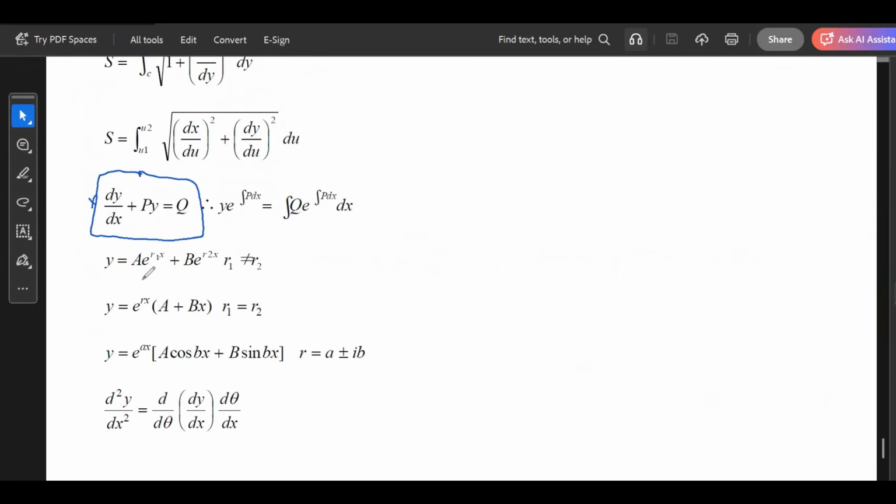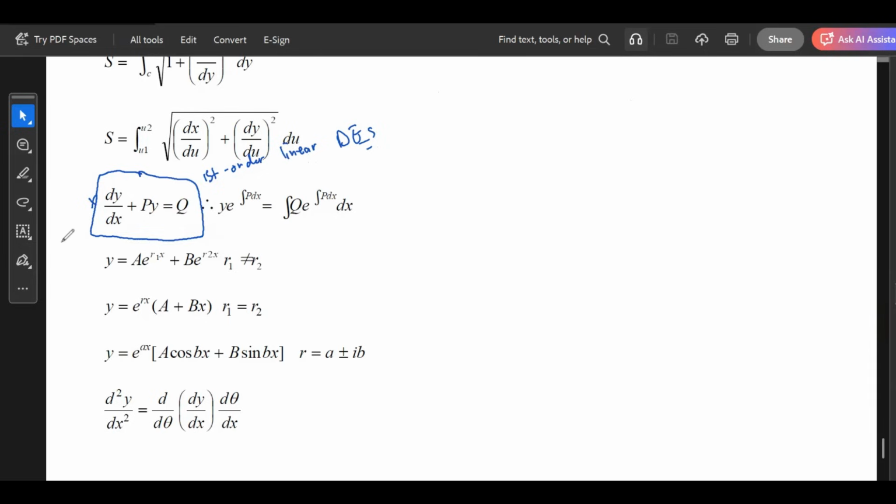This format we have from our formula sheet, in case you have forgotten it. This is the part that you use whenever you are solving the first order linear differential equation.